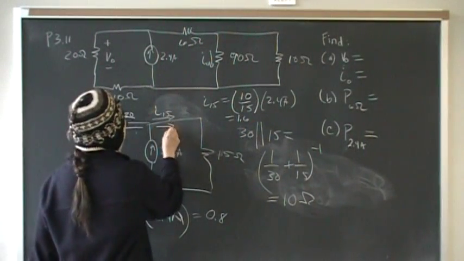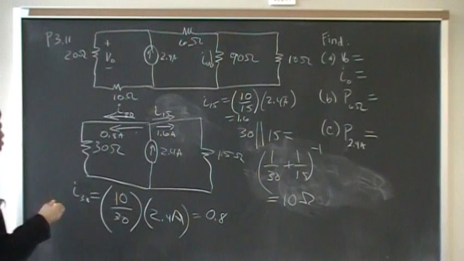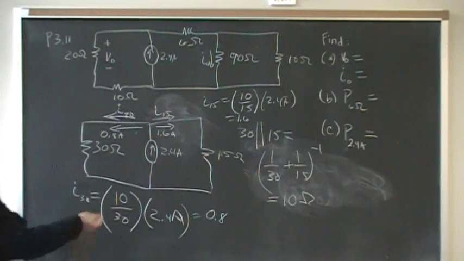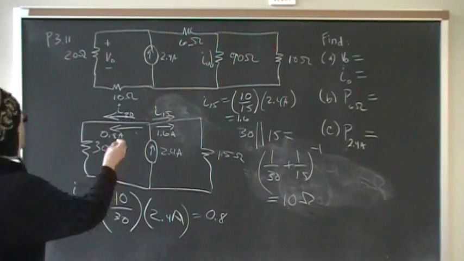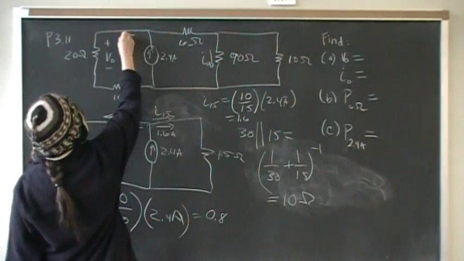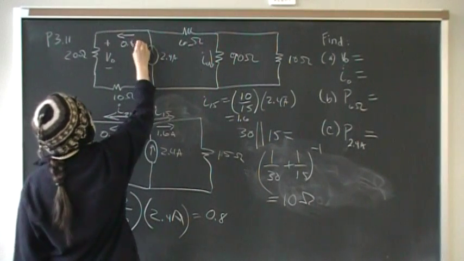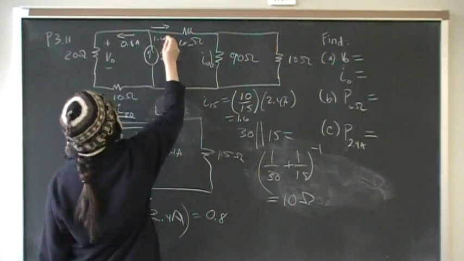So we know 1.6 is going this way. Remember, current division says equivalent resistance divided by the branch that you're looking for. So what is V naught? Now we know 0.8 is going to go there and 1.6 will go there.